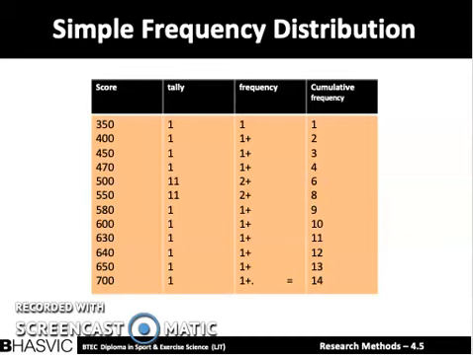You use simple frequency distribution with a table that has two columns, one for raw data scores and one for frequency scores. The frequency column is the number of times that particular score was achieved.